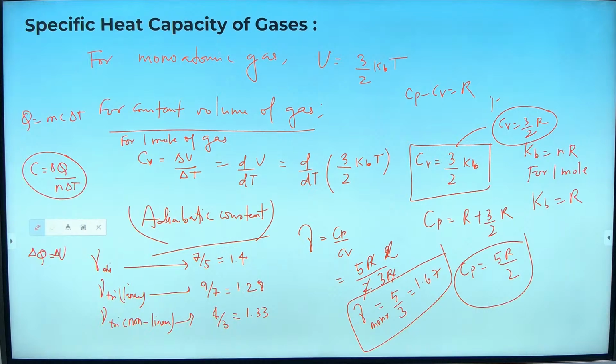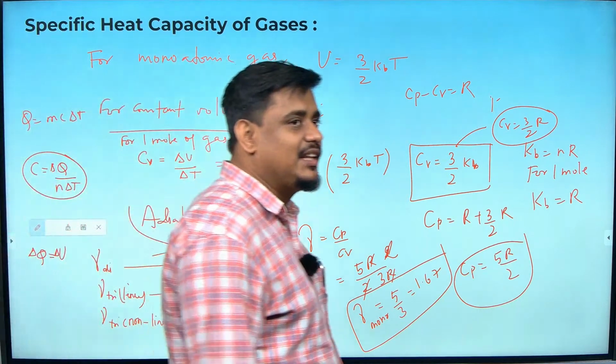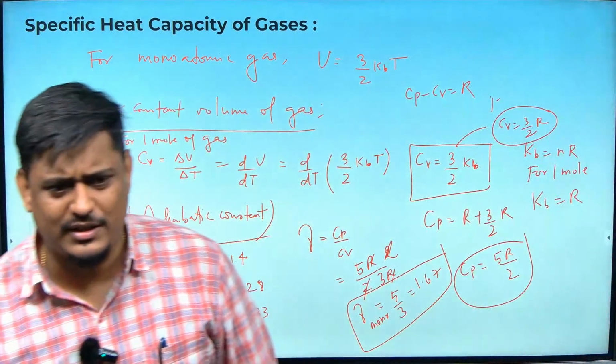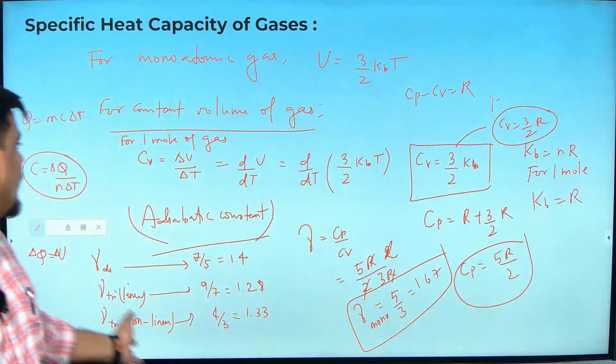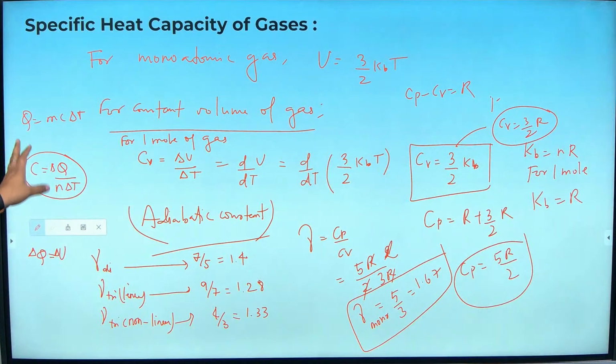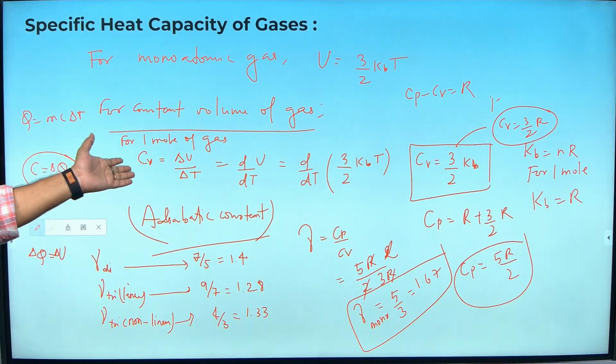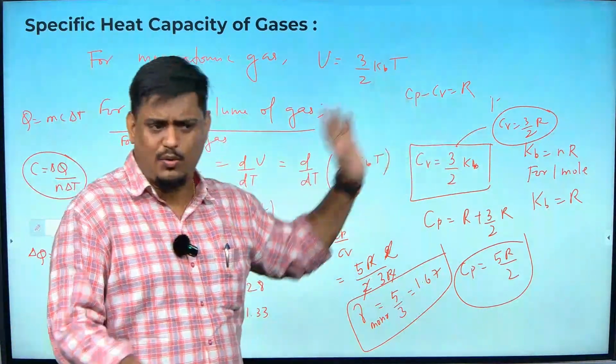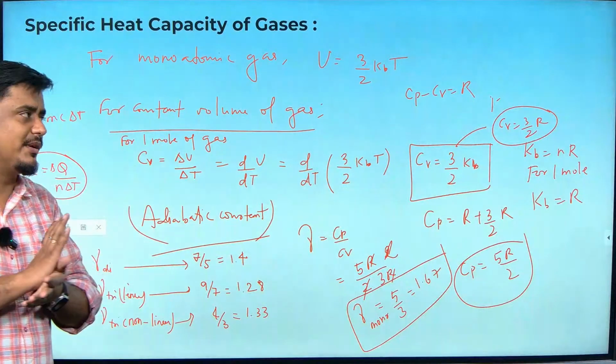Triatomic linear, sir. Yes, correct. Up to now, the least gamma value is triatomic linear only. Got it? It's not that difficult if you're understanding. Some of you may not know much about this formula, that Cp minus Cv is equal to R, but if you know, it is a simple thing. So these things you should remember, right?